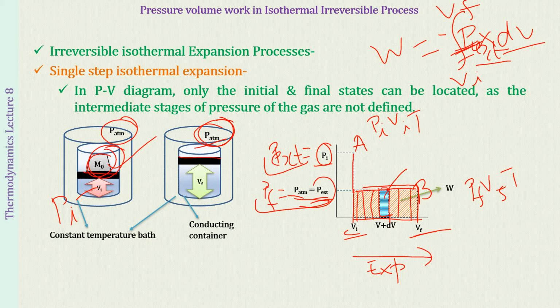And we have not drawn this curve over here because only the initial and the final states can be located. The intermediate states of pressure of the gas are not defined, so we do not draw the reverse hyperbola in this case.